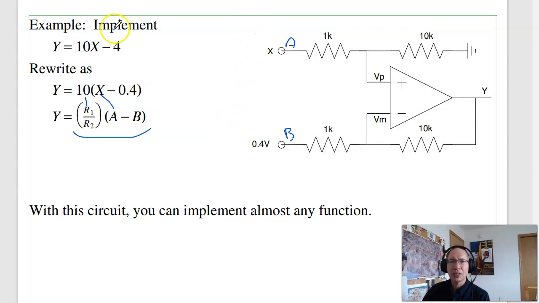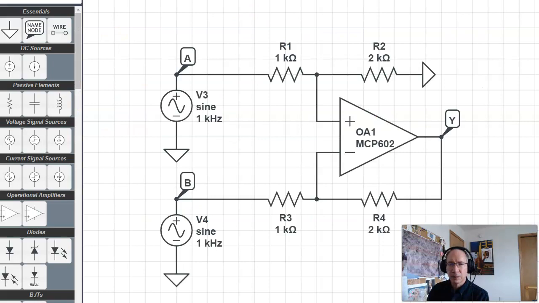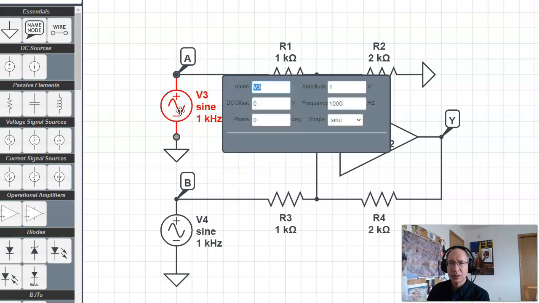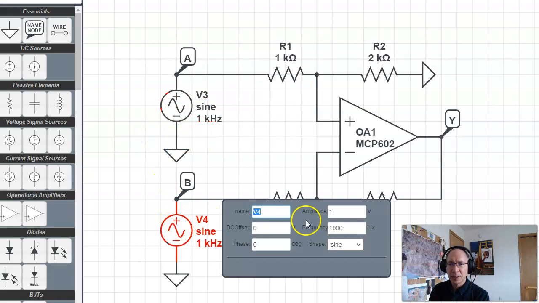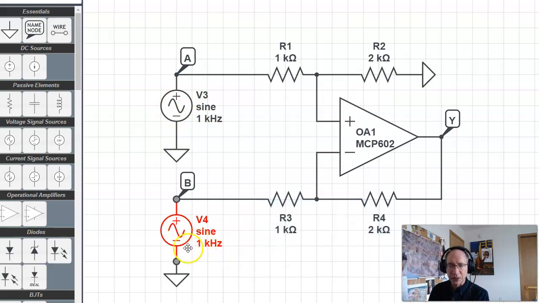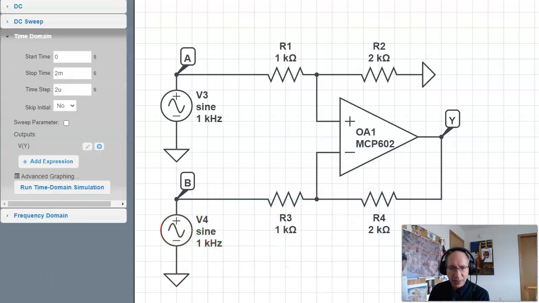In CircuitLab, I could verify that. This should be a gain of +2 times A, -2 times B. So checking that, let's let A equal 1 at 1 kilohertz, B equal 0 at 1 kilohertz, and let it fly. So I'm going to run it for 2 cycles, 1,000 points in the plot.